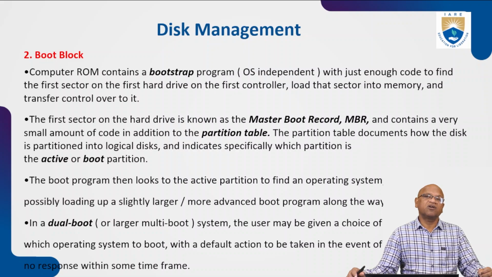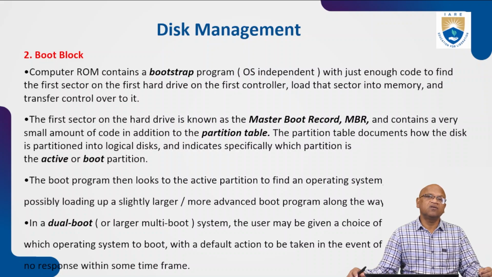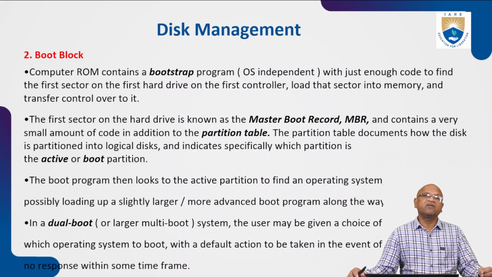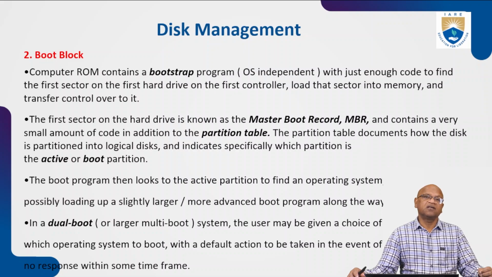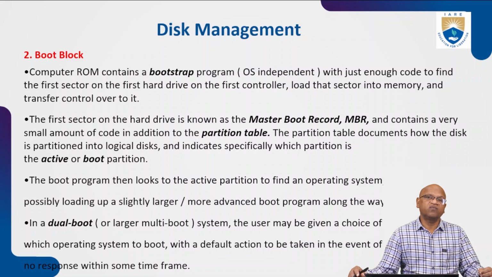The partition table documents how the disk is partitioned into logical disks, and indicates specifically which partition is the active or boot partition. The boot program then looks at the active partition to find an operating system, possibly loading up a slightly larger, more advanced boot program along the way.